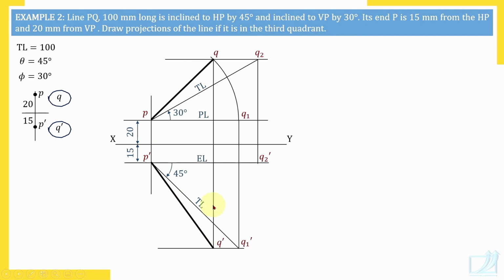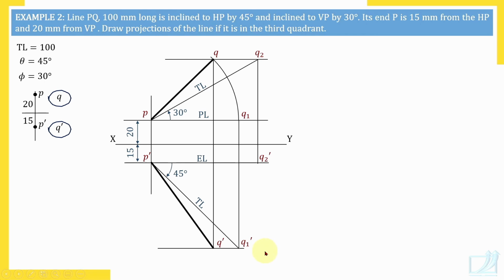Now, is your drawing ready? How will you come to know? To check, always, that's better. Through P, there must be three top views, PQ, PQ2, PQ1. You can identify views from labels. Through P dash, there are three front views, P dash Q2 dash, P dash Q1 dash, P dash Q dash. Q and Q2 on a horizontal line, Q dash and Q1 dash on a horizontal line.